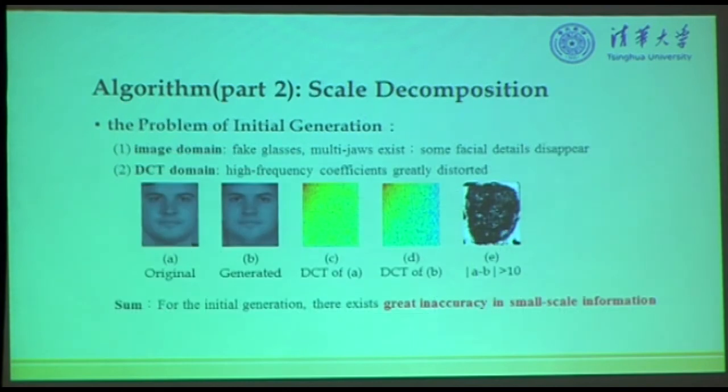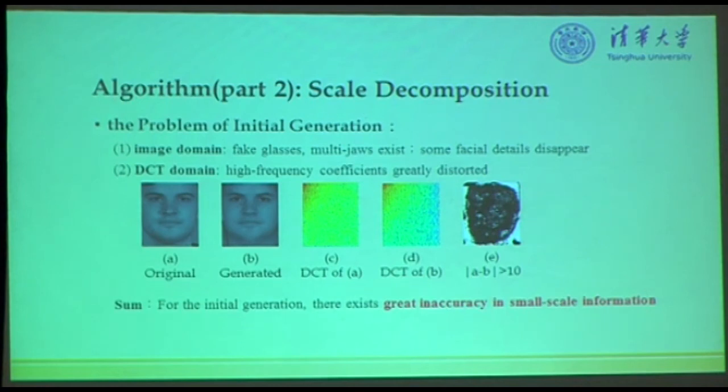And there are some problems in our initial generation results. We can see from the example. From the image domain, we can see that the generated results have some false structures, such as fake glasses and multi-draws. And we can see from picture E that some facial details have disappeared.